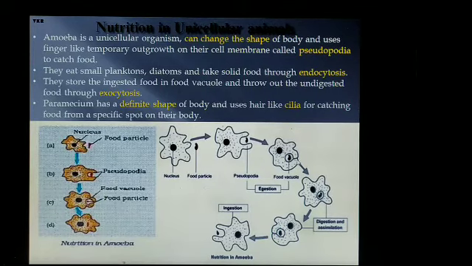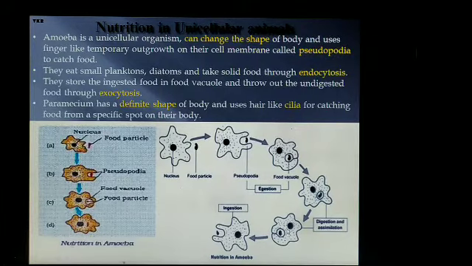That inward folding of the cell membrane that lets food enter the body, this whole mechanism, is called endocytosis. After this, they store the ingested food in the food vacuole. This food vacuole is the place where digestion and assimilation take place. After digestion and assimilation, the waste product will be generated.